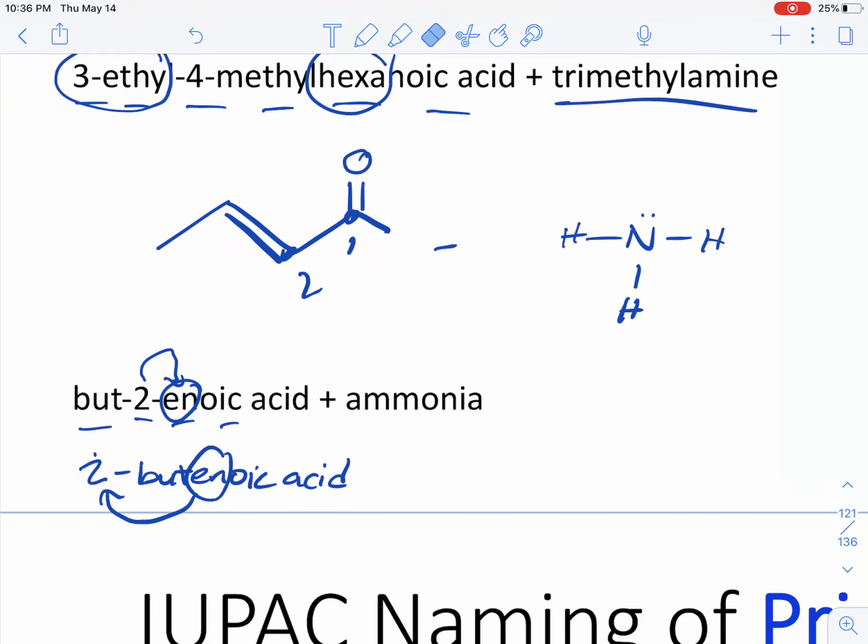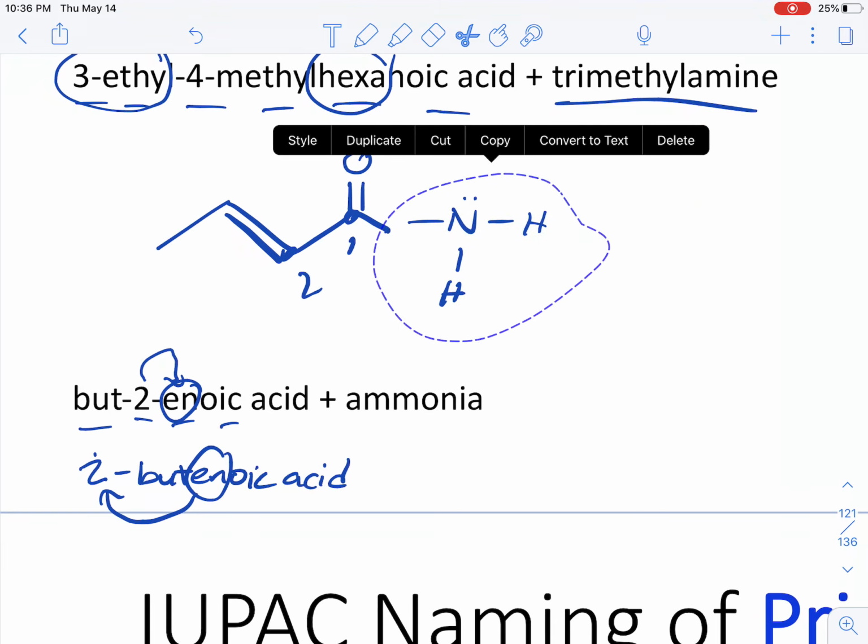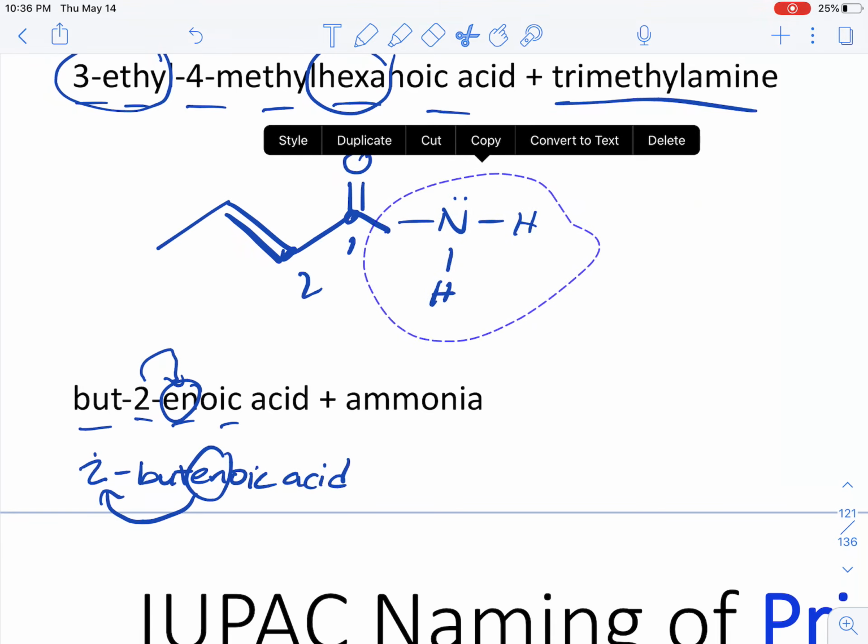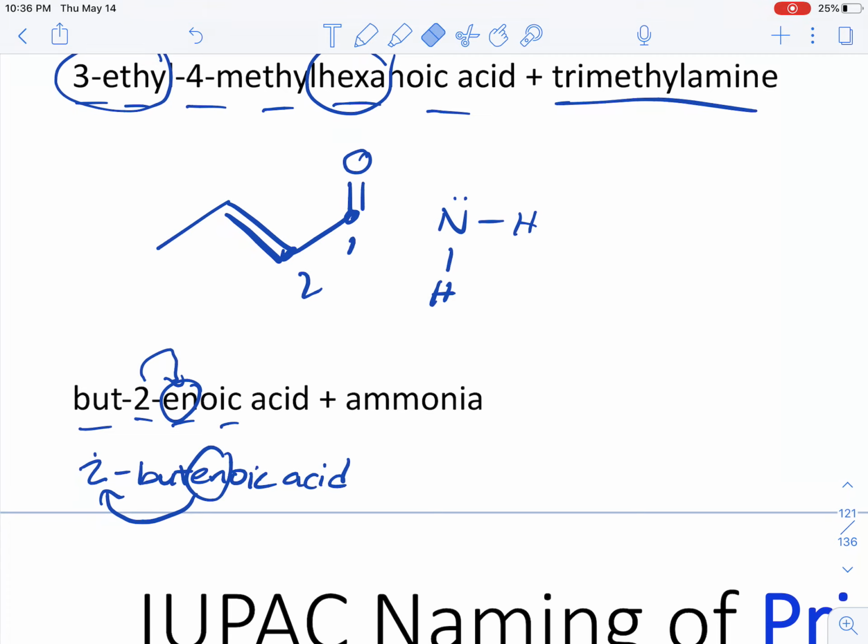When that forms water, I'm going to go ahead and erase those because that becomes a water molecule. That forces the carbon and the nitrogen to create a covalent bond between each other.